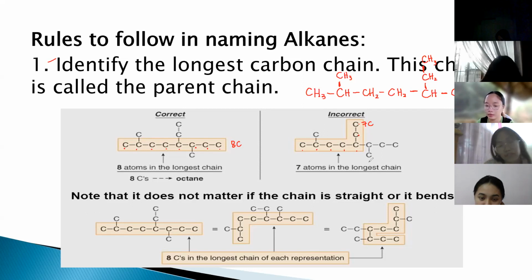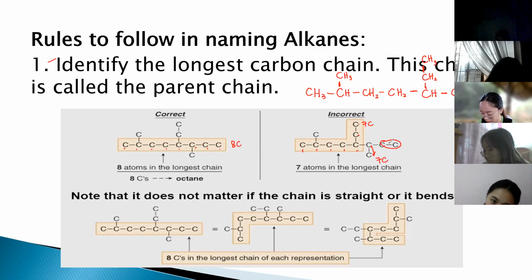So even if liliko ka din papunta sa baba, 1, 2, 3, 4, 5, 6, and 7, you will still have 7 carbon here. So sabi ko, ang bibilangin yung diretso-diretso, hindi ka dapat maputol. So kung lumiko ka dyan class papunta sa baba, hindi mo na ito pwedeng balikan. Okay? Kasi mapuputol ka na.